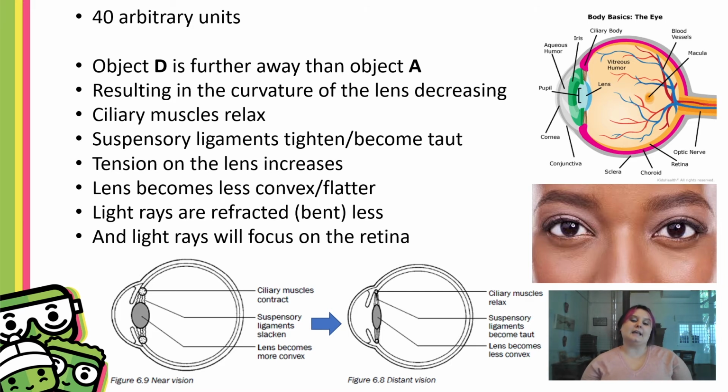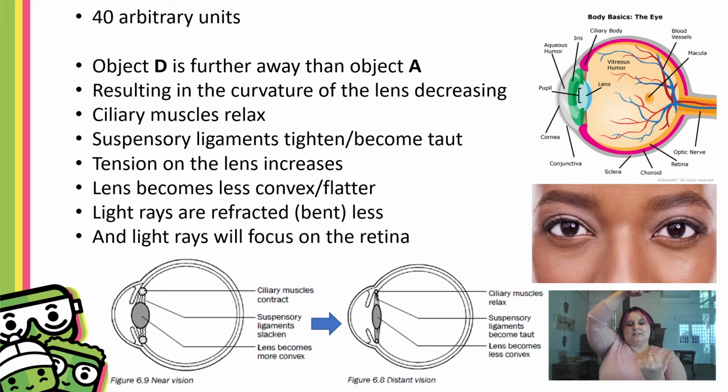And so what we see happening is that the ciliary muscles relax, pulling the suspensory ligaments tight, which then pulls on that lens, pulling the lens flatter.